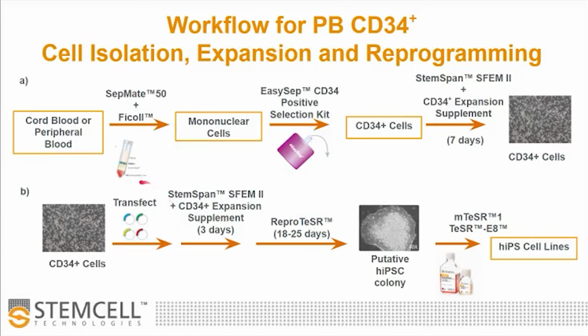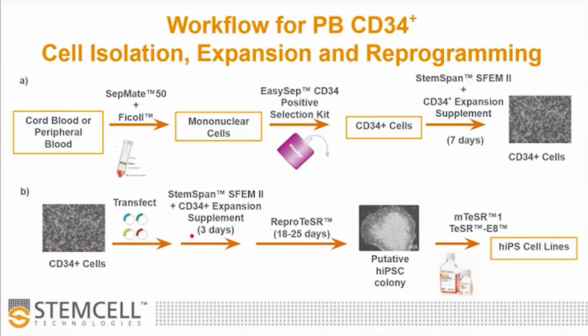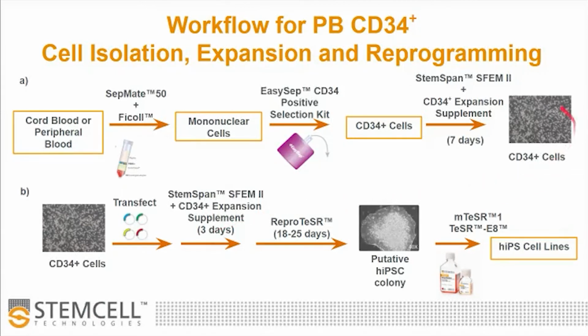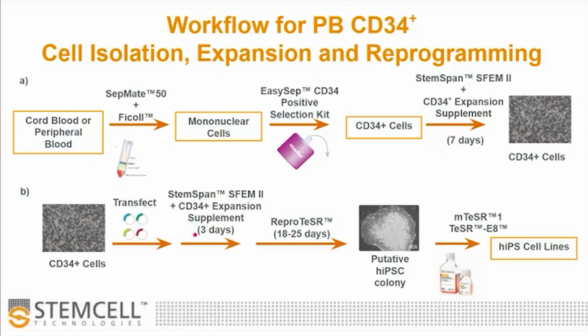And then after transfection with episomal vectors, we then place those CD34 transfected cells back into StemSpan SFEM II and expansion supplement for 3 more days. So we put them back into the medium that they've come from. They've gone through a very stressful transfection, so we don't want to stress them anymore by placing them in a different medium.